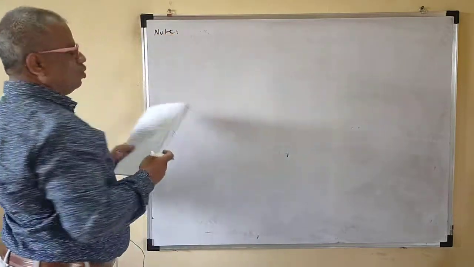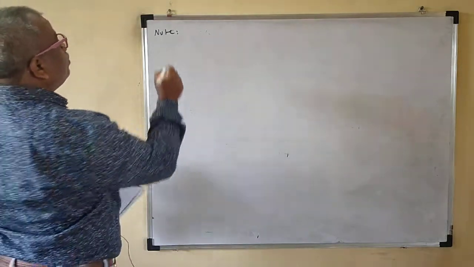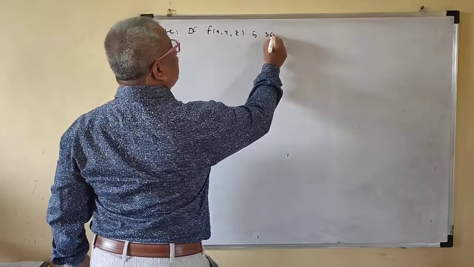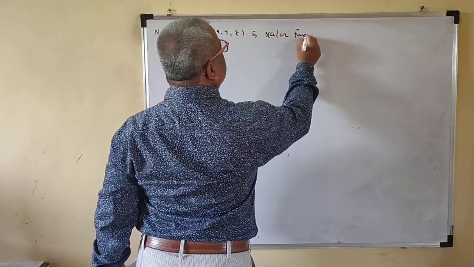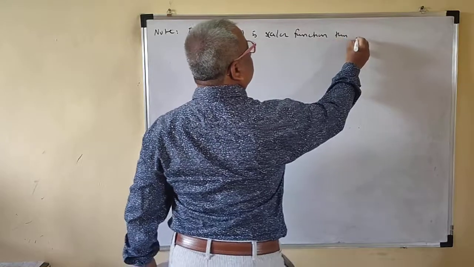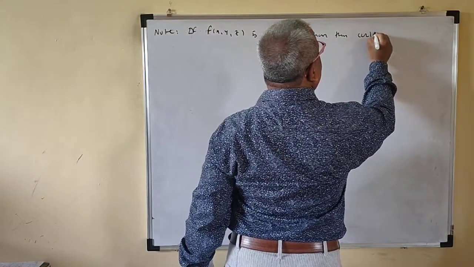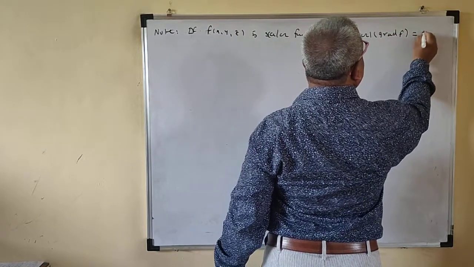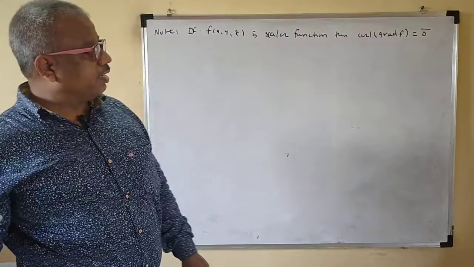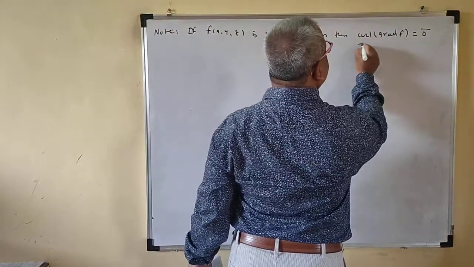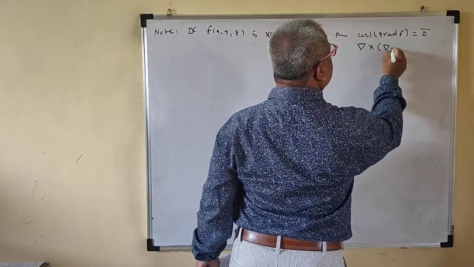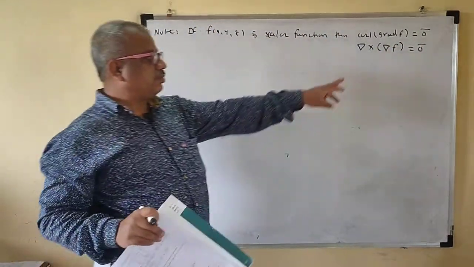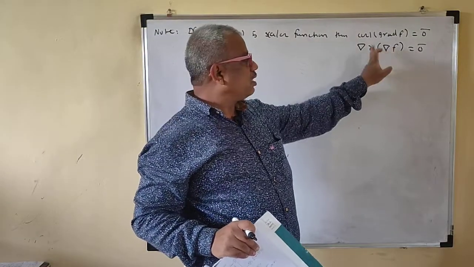Note: if f of xyz is a scalar function, then curl of grad f is equal to a zero vector. Curl of grad f, that is del cross del f, is 0 bar. This is a vector. The gradient of a scalar point function is a vector, and this is a vector product of vectors.